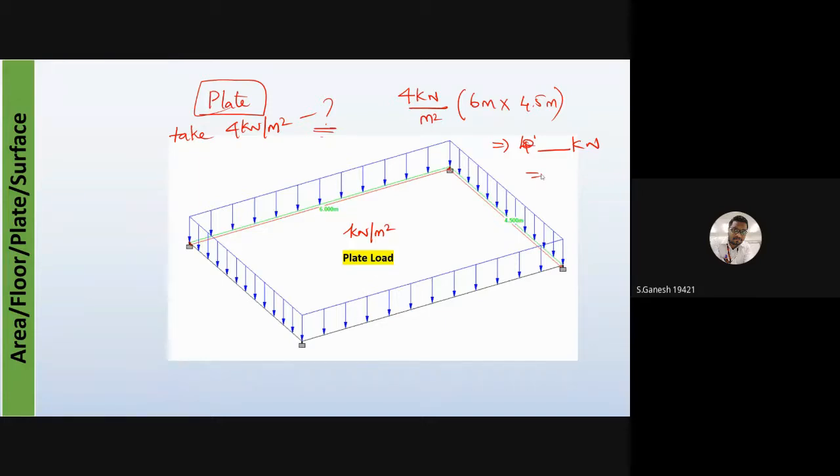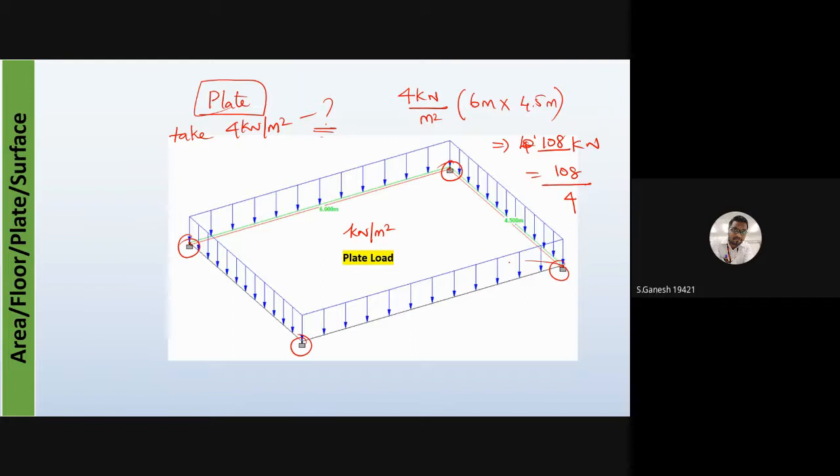Now, after knowing how this kilonewton value is calculated, suppose I'm going to get around, what will be the answer here? It will be 6 into 4.5. So 27 into 4, you will be getting around 108 kilonewton. Now this 108 will be divided by 4 corners. How many corners are there? 1, 2, 3, 4.